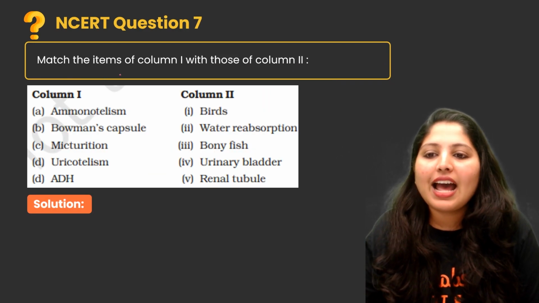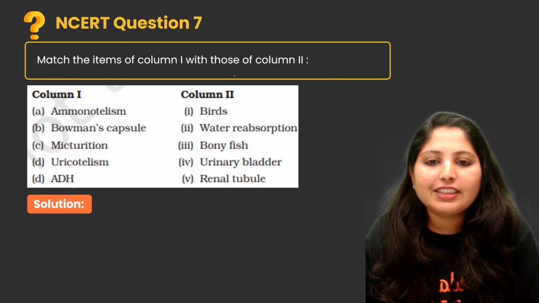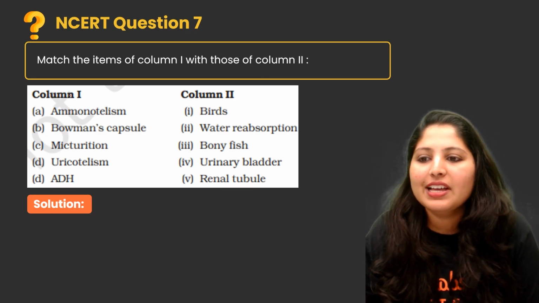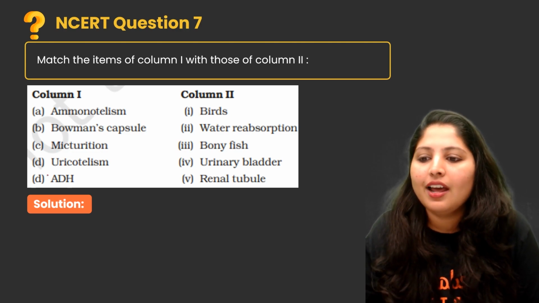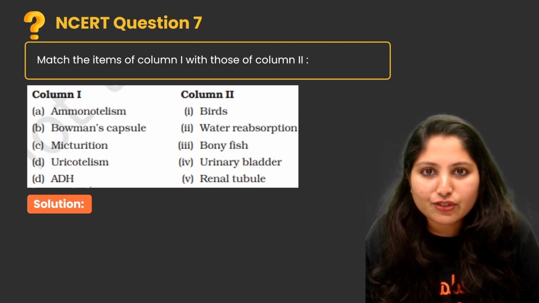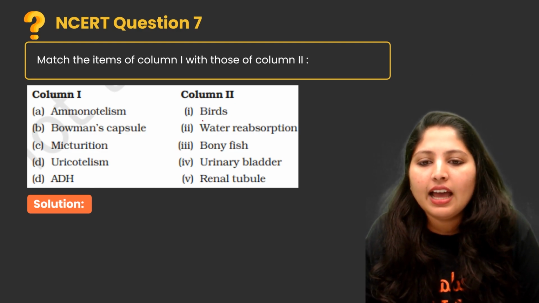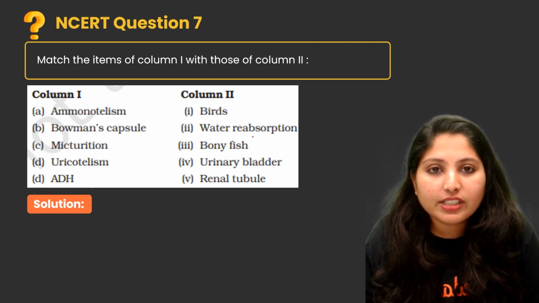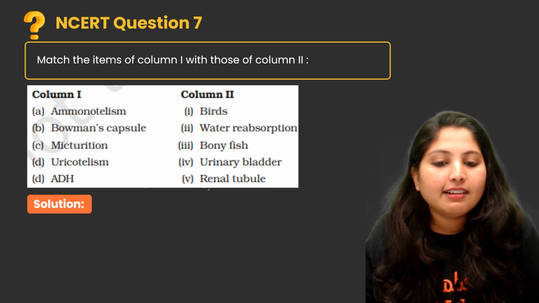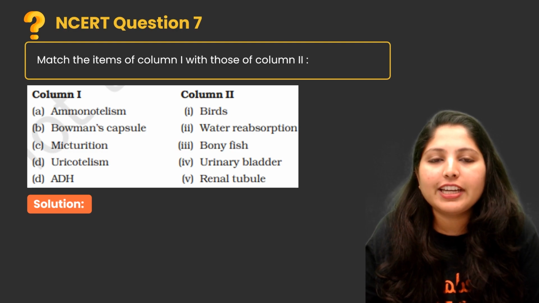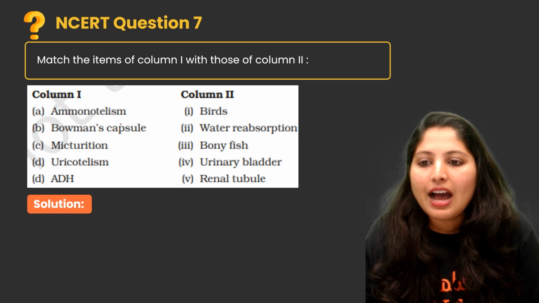Match the items of column 1 with those of column 2. Column 1 contains aminotelism, Bowman capsule, micturition, uricotelism, ADH. Column 2 contains birds, water reabsorption, bony fishes, urinary bladder, renal tubule. We need to match these two columns.